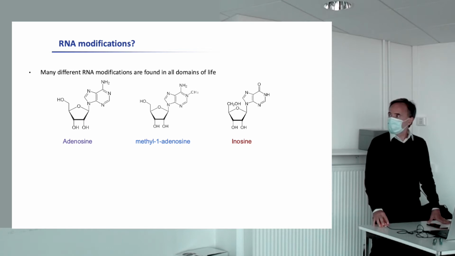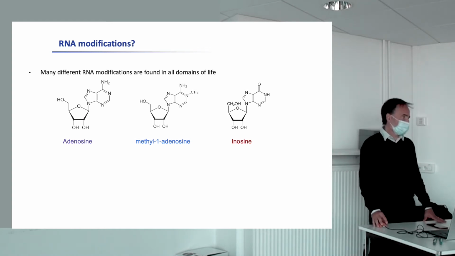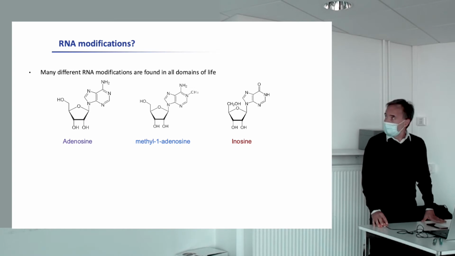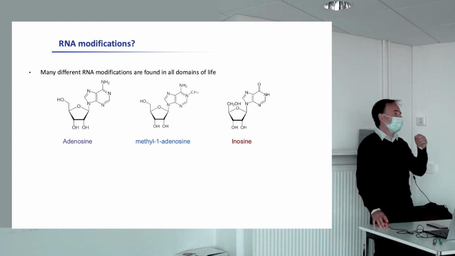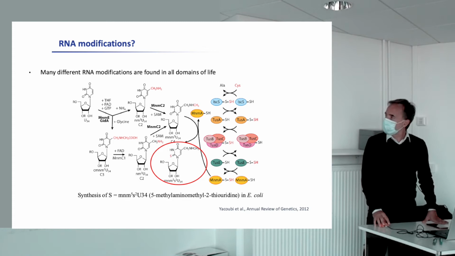And then we have an example of a methylation added at position 1 of this adenosine. We can also have some deamination, like in the case of the production of inosine, in which, in this case, we have removed the NH2 group from the adenosine. And those are simple modifications, okay?